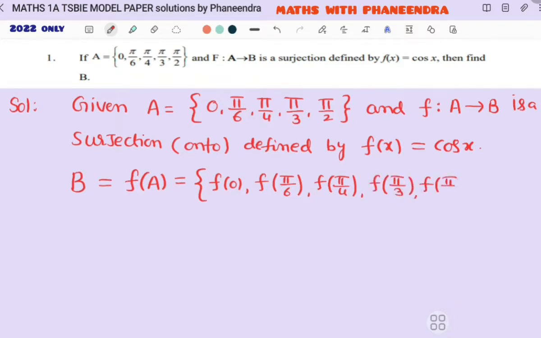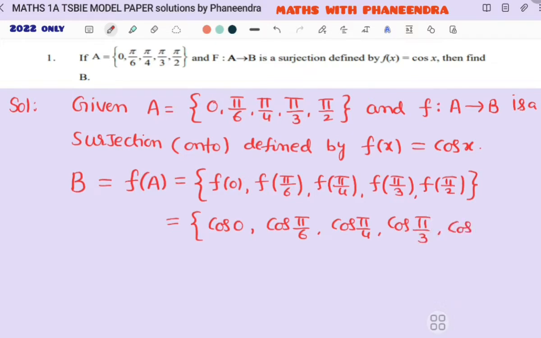So one by one we will calculate. What is f of x here? f of x is cos x. So f of 0 means cos 0. f of pi by 6, cos pi by 6. f of pi by 4, cos pi by 4. f of pi by 3, cos pi by 3. f of pi by 2, cos pi by 2.